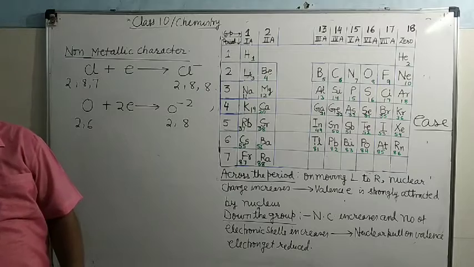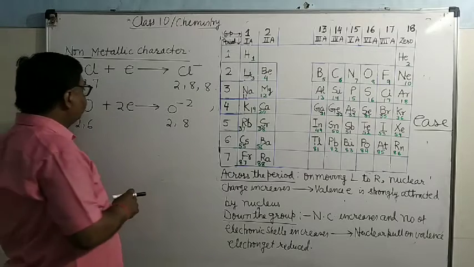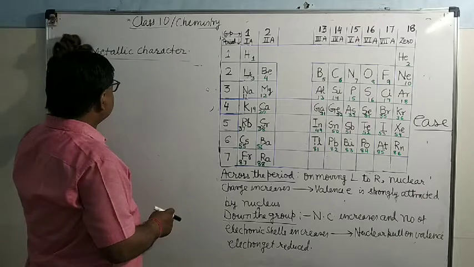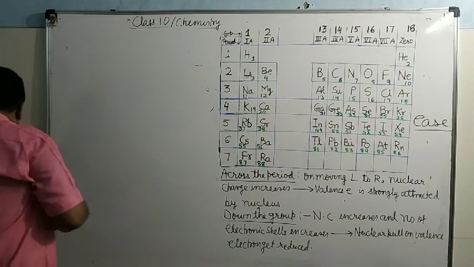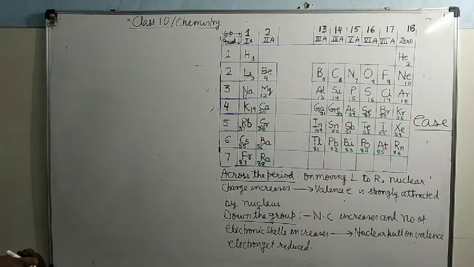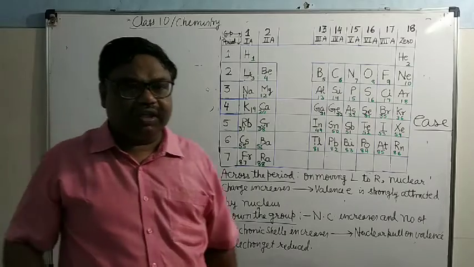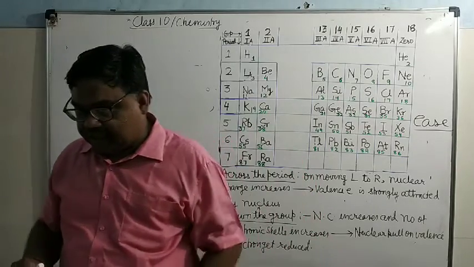Then reactivity is also the same thing. It is, as you know, that reactions takes place. What is reactivity? So reactivity is also the same thing, metallic character and non-metallic character.